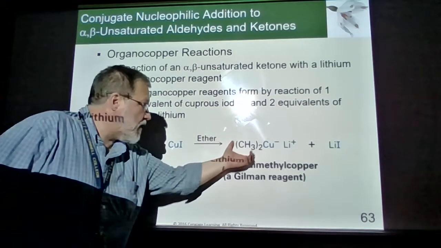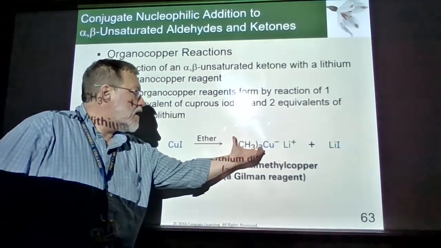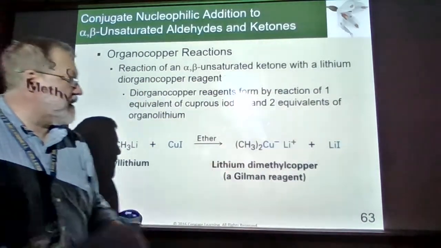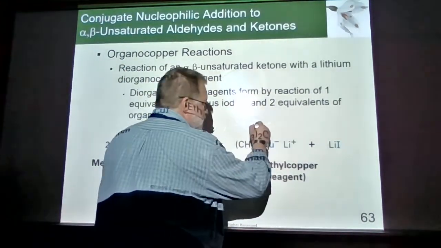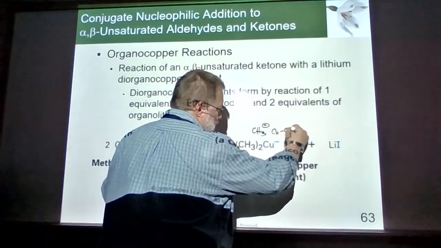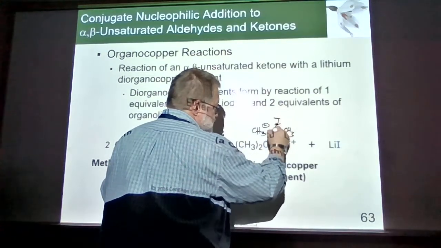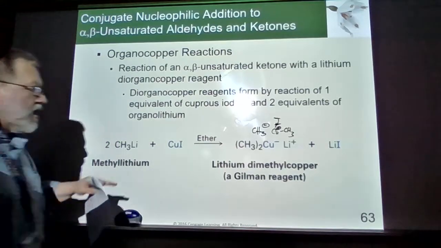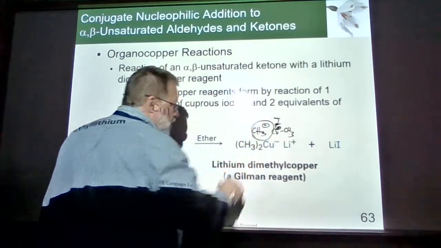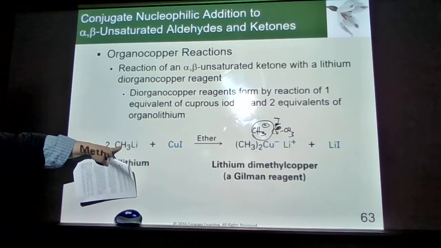We form what is known as a Gilman reagent, or a diorganocopper species. An organocopper reagent is basically a source of the carbanion that you have as your organolithium reagent.